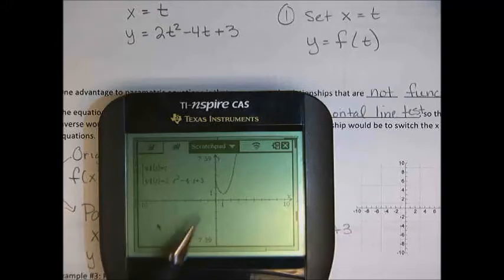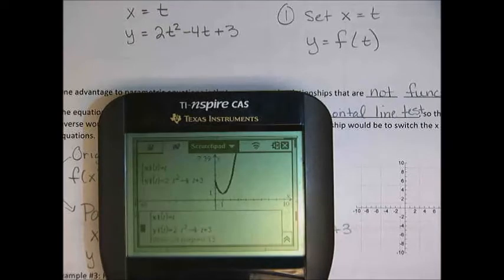So if I want to see the whole entire equation, go back to your, press tab again, or if you have an 84, go to your window. These numbers right down here, it says 0 to 6.28 or 0 to 2 pi. If t is starting at 0, so if I want to see the whole equation, I want to change that so my t values are not starting at 0, they're starting, let's say, negative 10.